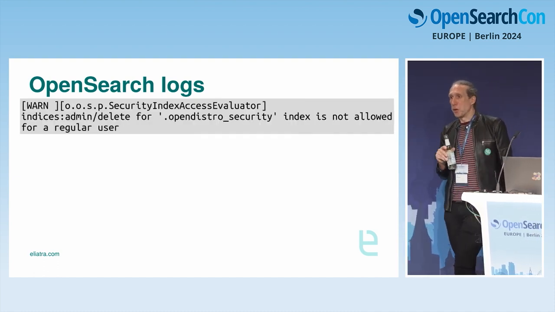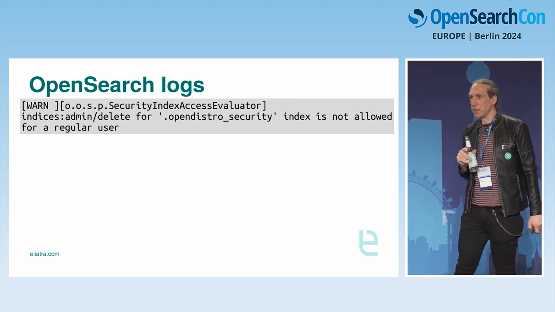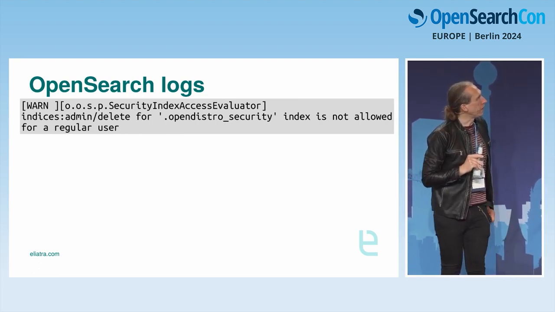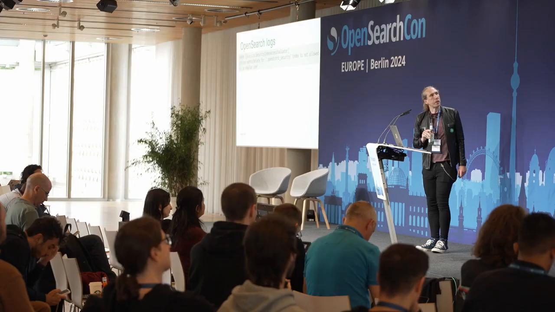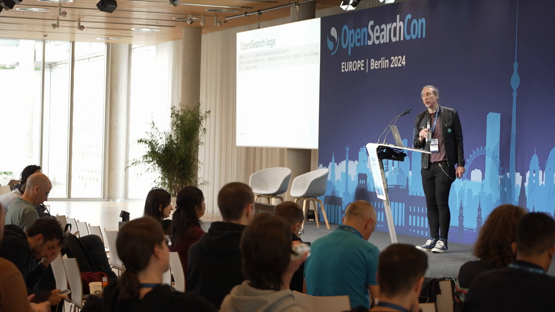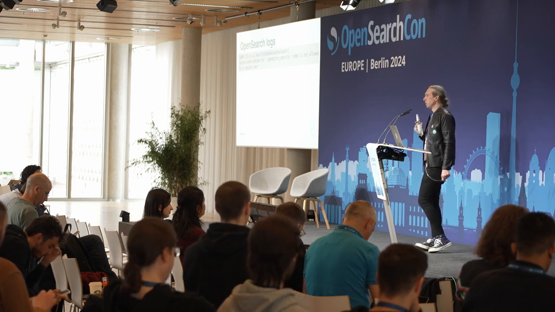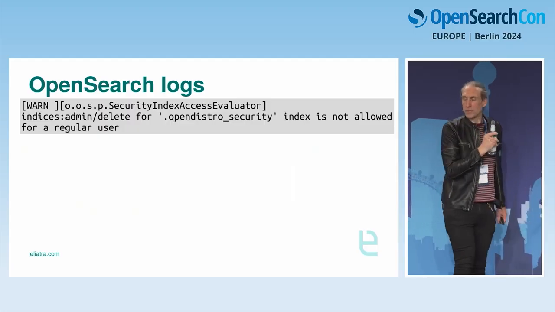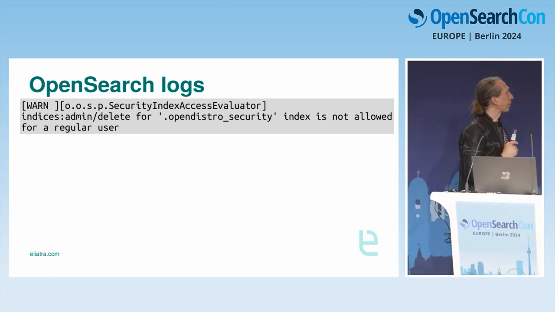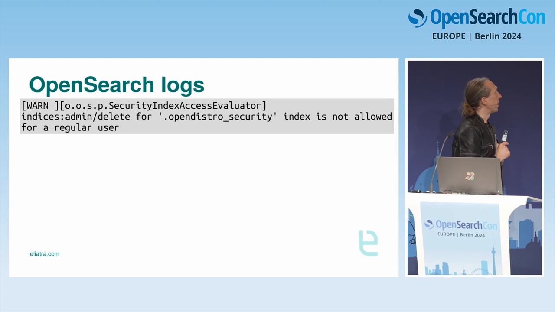Also remember the no permissions for square brackets error message. In the logs you would see this, that I actually tried to access a protected index. So yeah, check the logs. It will be much more helpful than the error messages themselves.